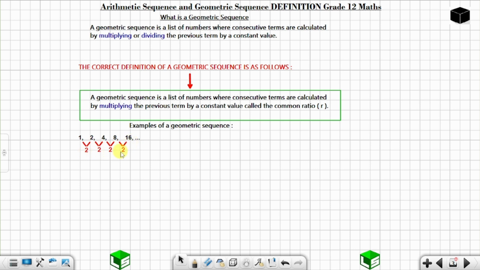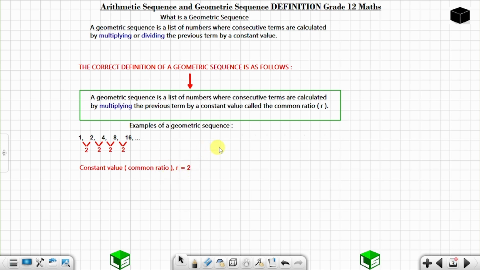So this is the constant value called the common ratio r. The common ratio r is equal to 2. So this is what you are going to use in the formula.